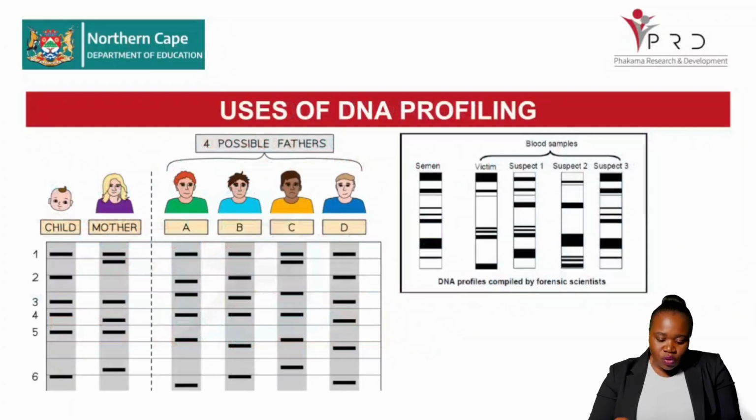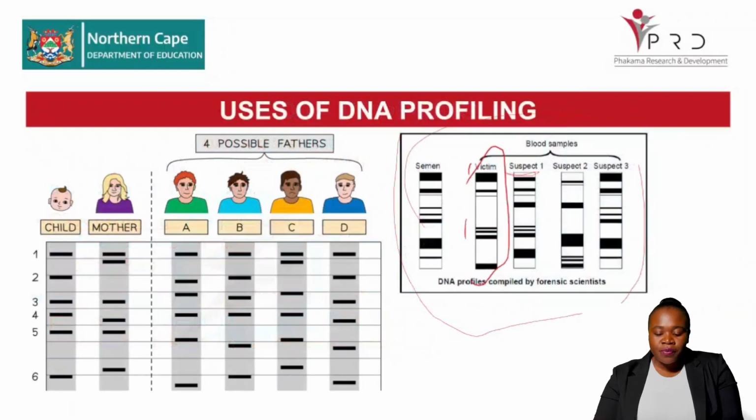We can also do this to find the person or the suspect who has committed this crime in a crime scene. So here we would be looking at a rape case whereby we have semen from the crime scene, we have the victim's DNA, and we have the DNA from all the suspects. Now, because your genetic material is the same throughout the body, here we have DNA from semen, right?